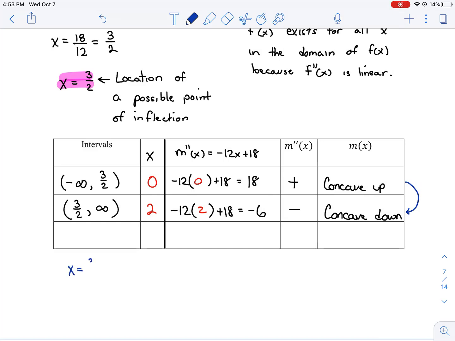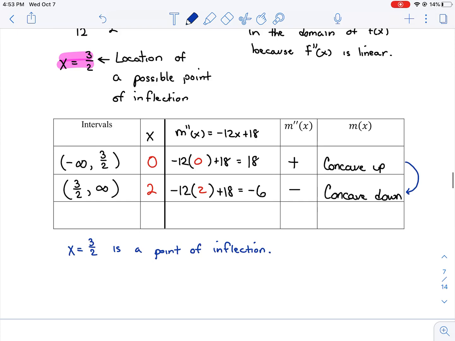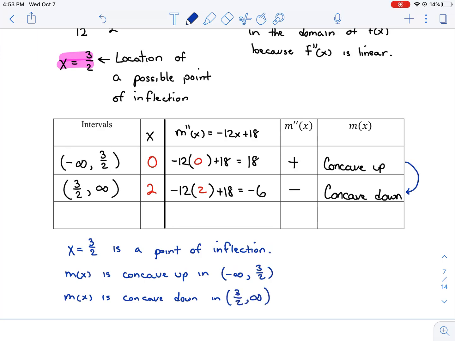So x is equal to 3/2 is a point of inflection. m of x is concave up in the interval negative infinity to 3/2, and m of x is concave down in the interval 3/2, comma, infinity.